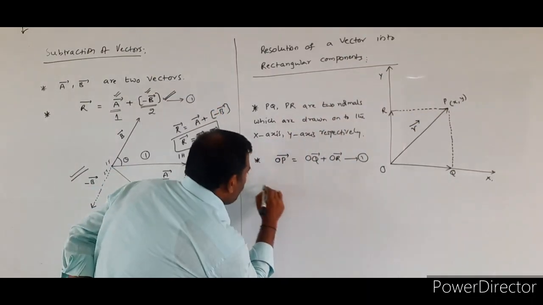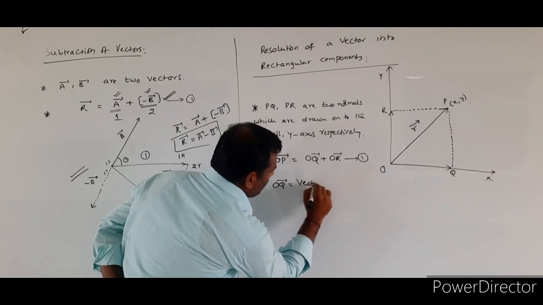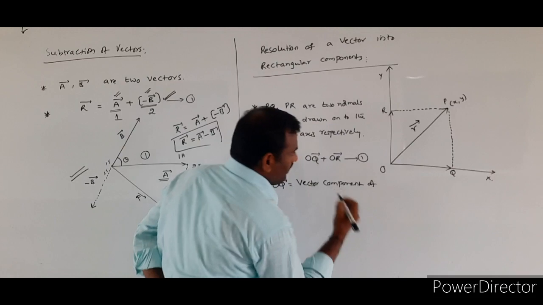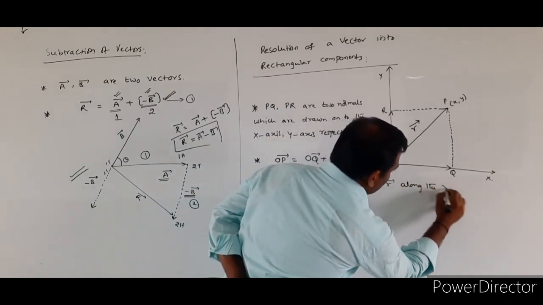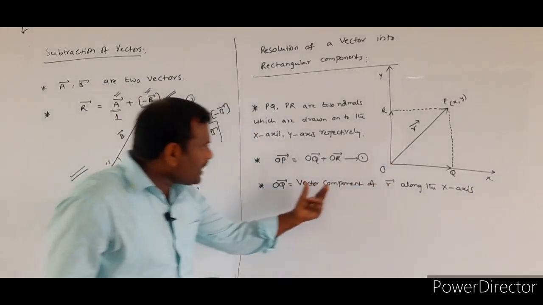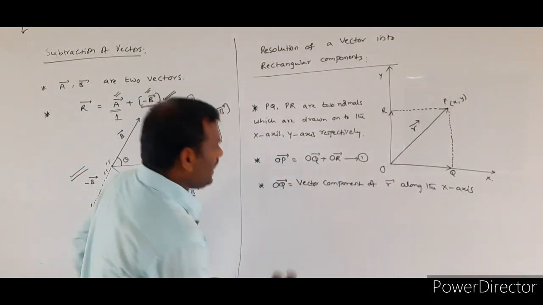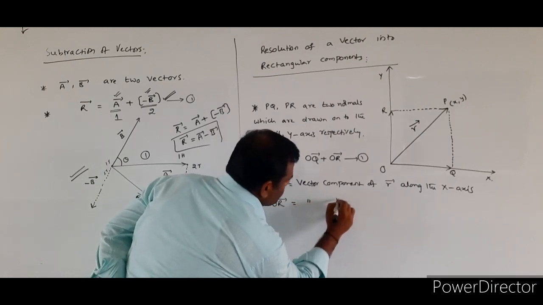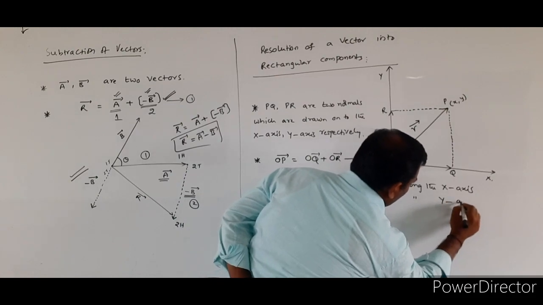So OQ bar is the vector component of R bar along the x-axis, and OR bar is also the vector component of R bar along the y-axis.